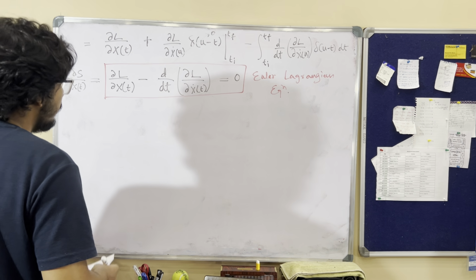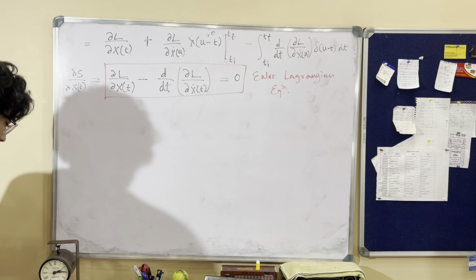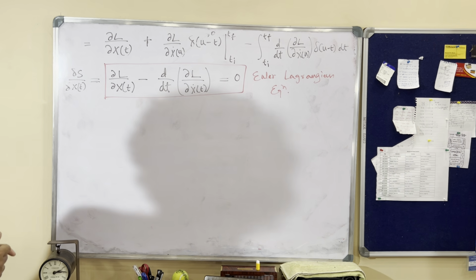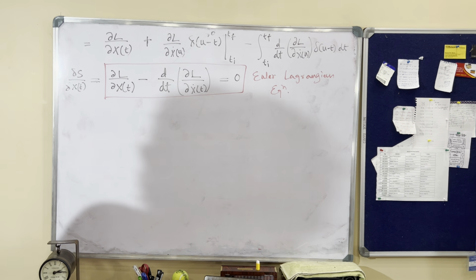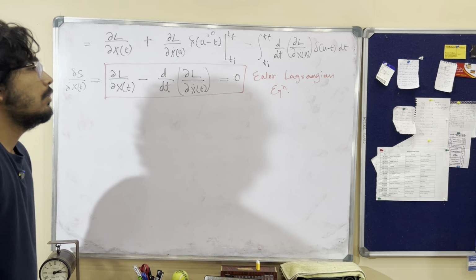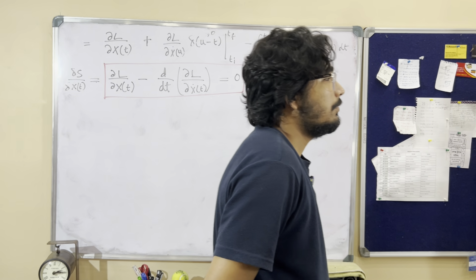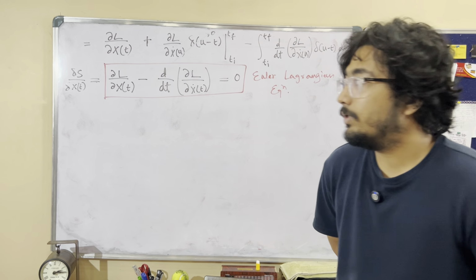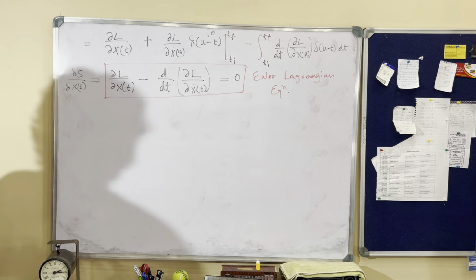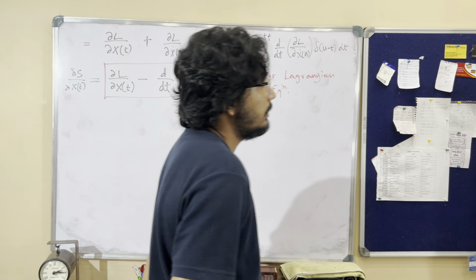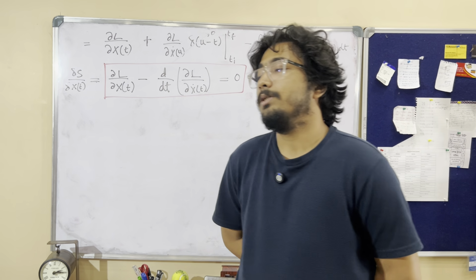Okay, so we have got the Euler-Lagrange equation, and the Euler-Lagrange equation will give us the equation of motion if we know the Lagrangian, and the Lagrangian of a particle is nothing but the difference between its kinetic and potential energy.